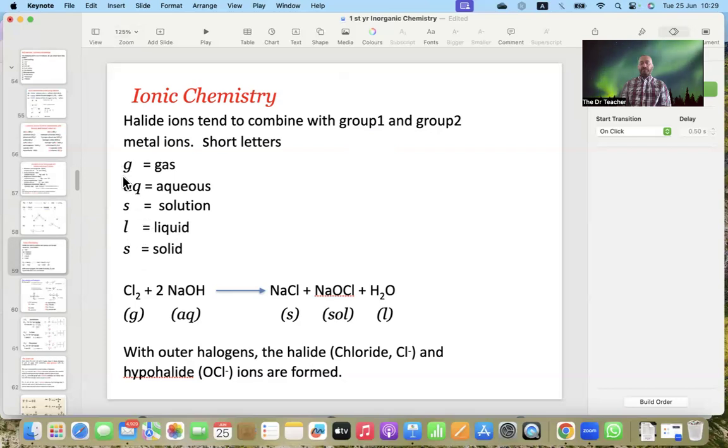We always use these shortcuts, short letters, to describe the status of the matter. So here, Cl2, we don't write gas, we just give it as a G. Plus 2 NaOH. NaOH is aqueous, dissolved in the water, sodium hydroxide.